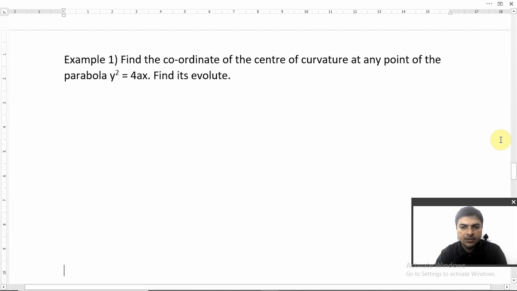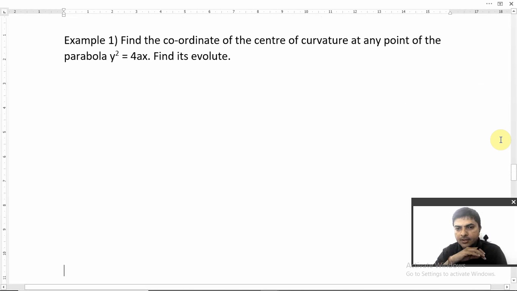Now, after understanding the center of curvature and the evolute and involute, I will simplify the problem. Very simple. Yes, students, please solve. First, write down the formula of the center of curvature.